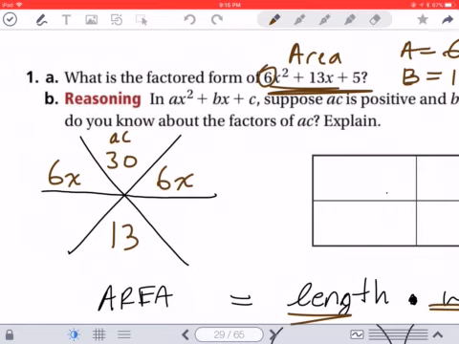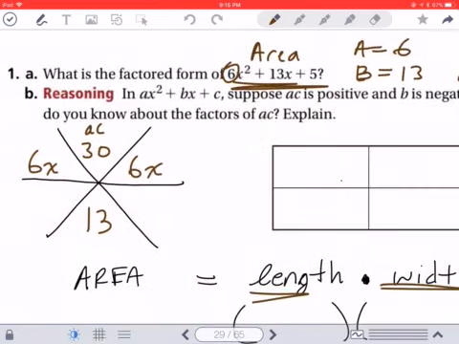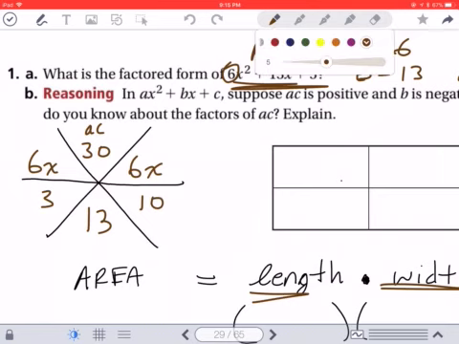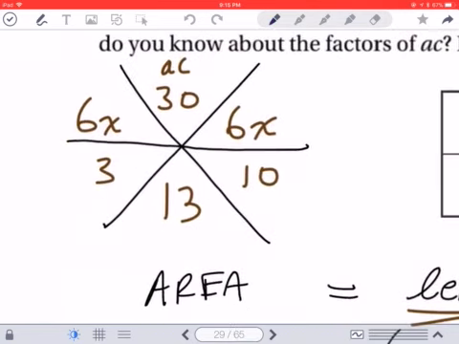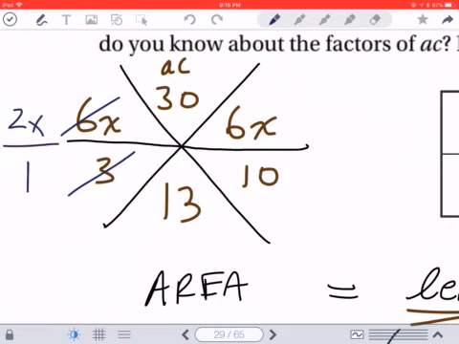And then I'm going to factor this just like I did the x method. What multiplies to 30 and adds to 13? It's going to be 3 times 10 is 30, and 3 plus 10 is 13. Okay, and then I've got some reducing to do here. So 6x and 3, I can reduce that to 2x and 1.